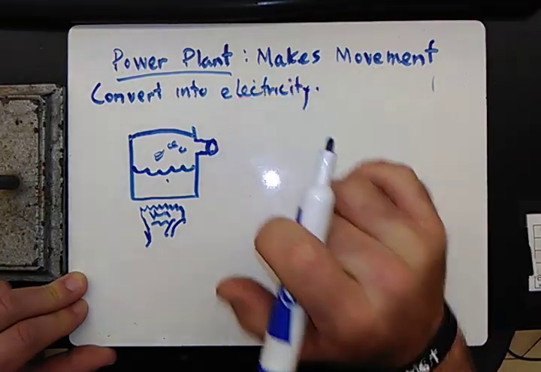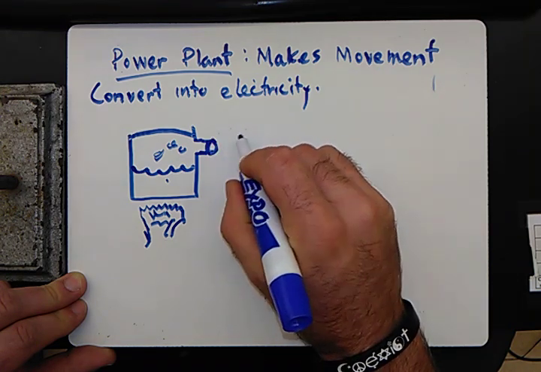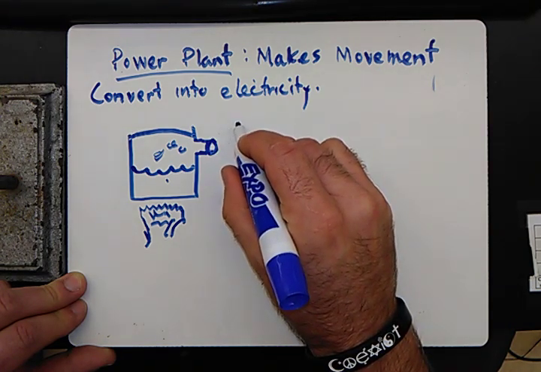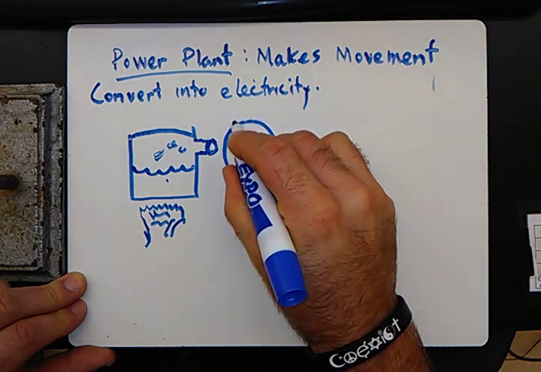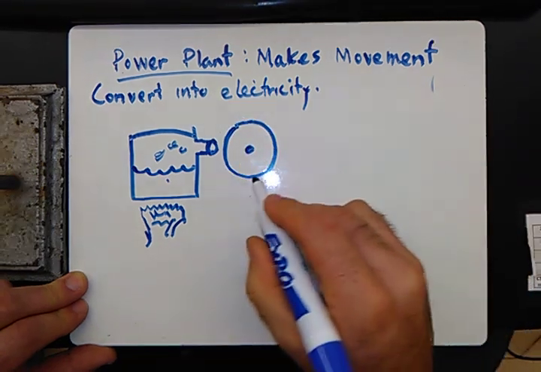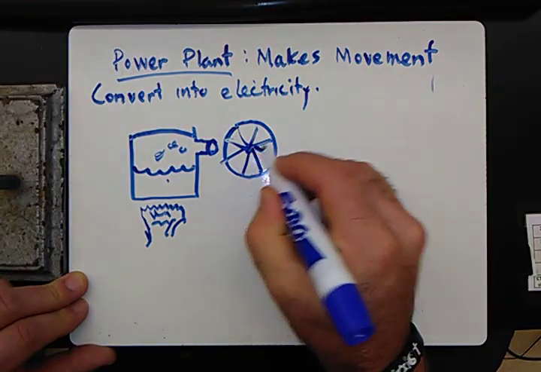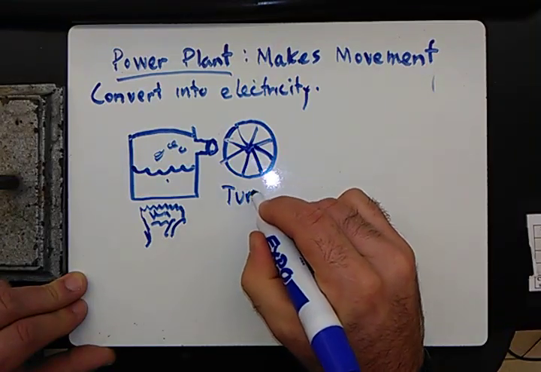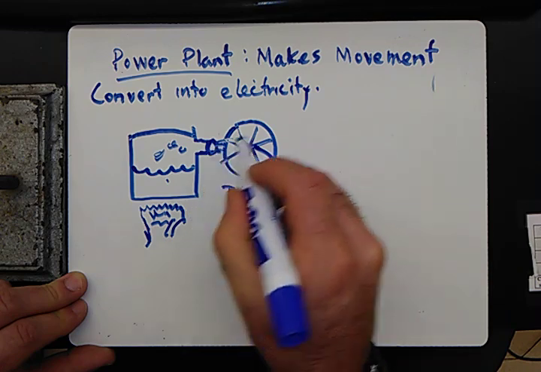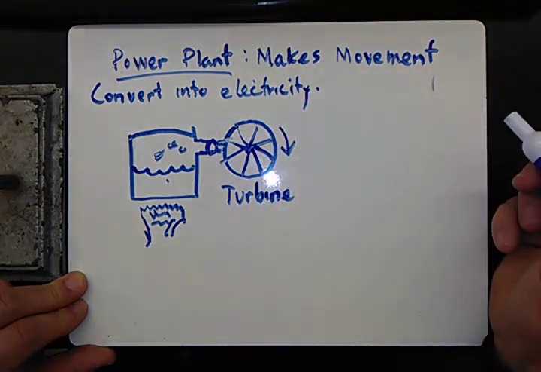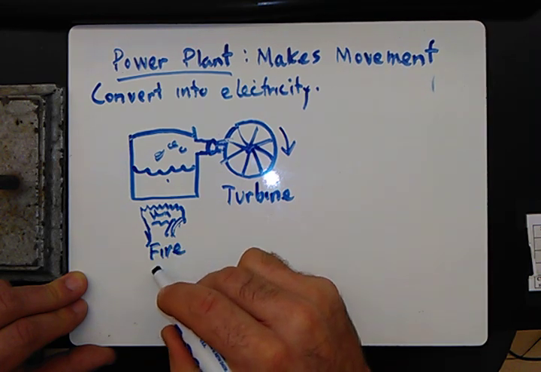So we know that there's going to be steam in here, and this high pressure nozzle has the ability to spin this thing. It's like a water wheel called a turbine. So now the steam is coming out of here, spinning the turbine, and we'll call this fire or heat.